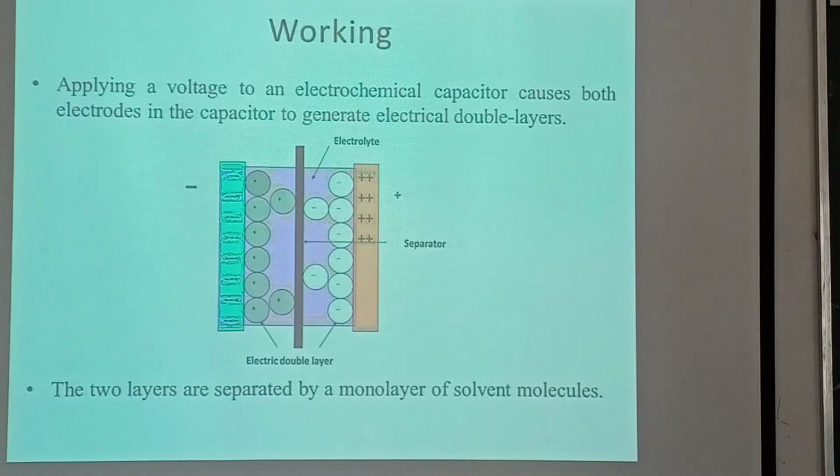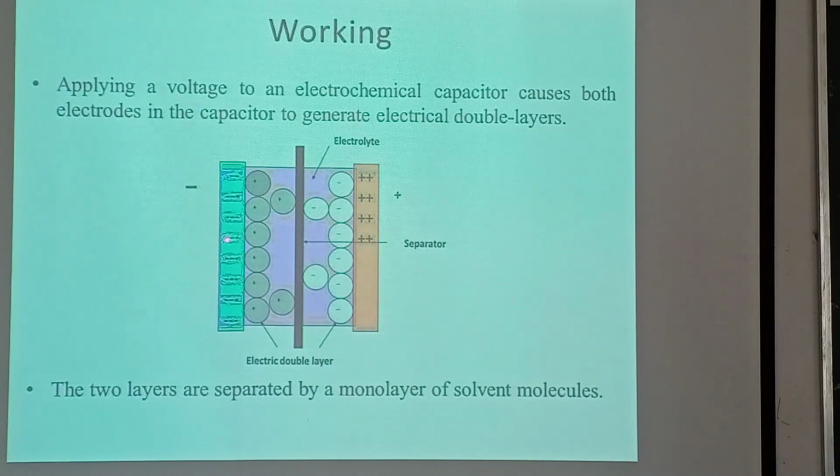So, the working of a supercapacitor, the electric double layer capacitor. Applying a voltage to an electrochemical capacitor causes both electrodes in the capacitor to generate an electric double layer. So what is the function? This is the negative electrode, this is the positive electrode, and this is the separator. This one is the electrolyte. In the previous slide we have seen that the electrolyte contains positive and negative ions.